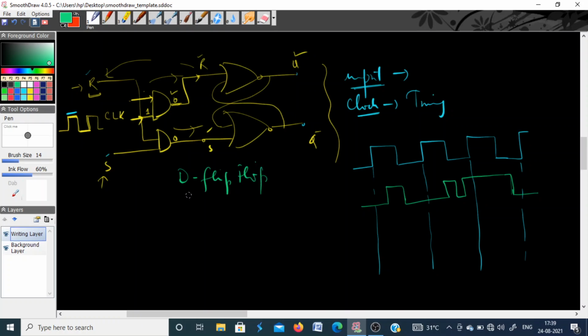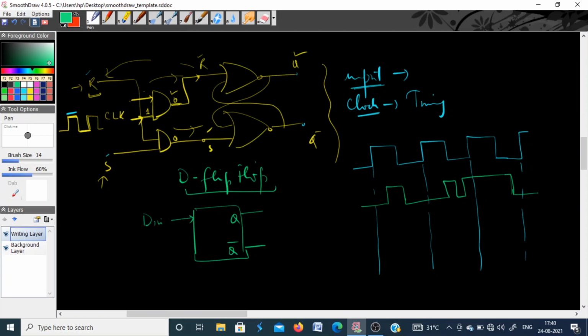So the D flip-flop is generated from the SR flip-flop. In a D flip-flop you have just one input and one output. Of course, two outputs are there, Q and Q bar, but the input is only one, the D input.